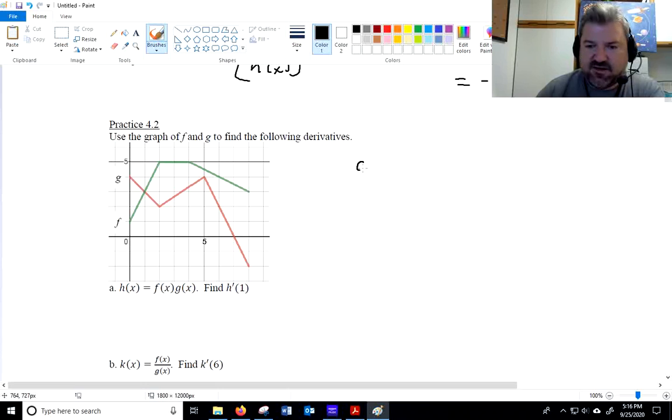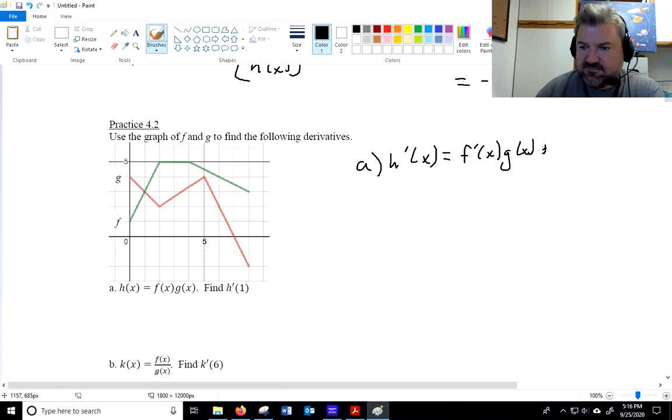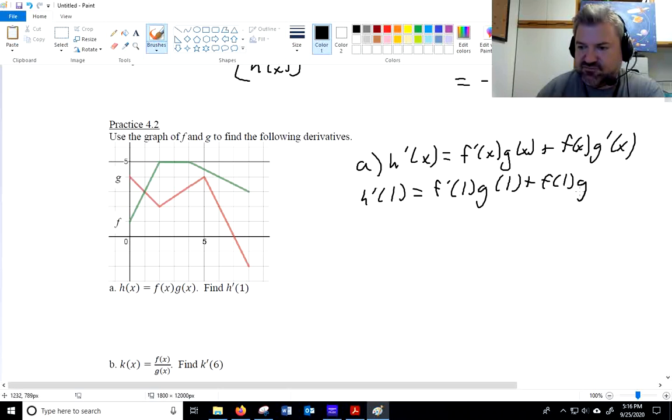All right, this is how I would do it. h prime of x, I'll just go over here so I have more room. Derivative of the first times the second plus the first times derivative of the second. So then h prime of 1 is f prime of 1 times g of 1, plus f of 1 times g prime of 1. So f is the one in green.